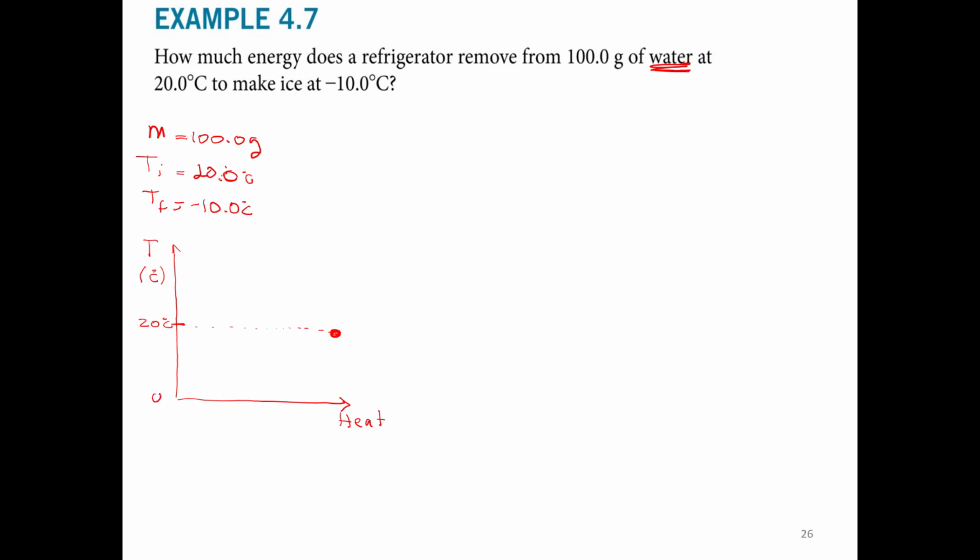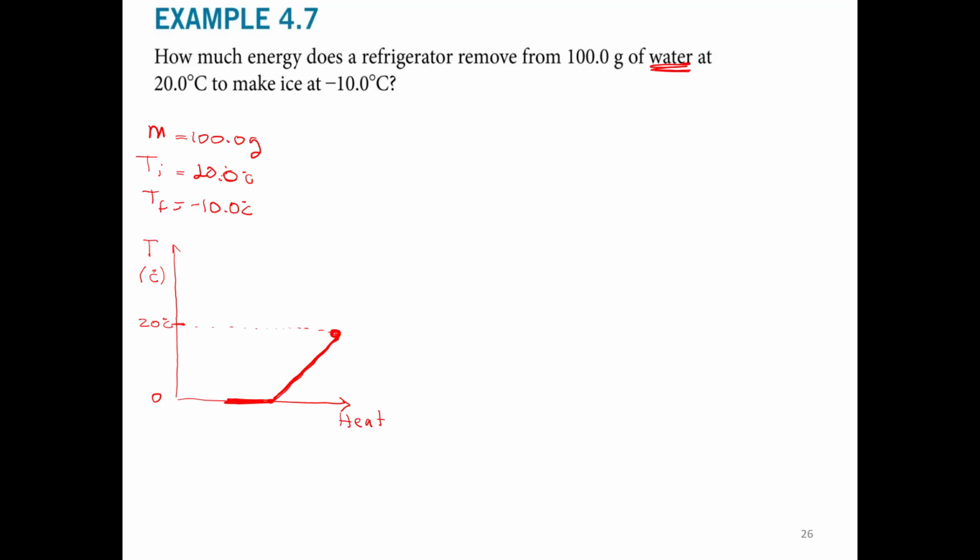Let's think we have 0 here. And we need to decrease the temperature of the 100 grams of water. And here we need to stop because we know at 0 degrees Celsius something happens. In this case the water changes from liquid to solid. Freezing happens in that case. Then we know when there is a phase change, all the energy is used for the phase change, and this is why there is no change in temperature.